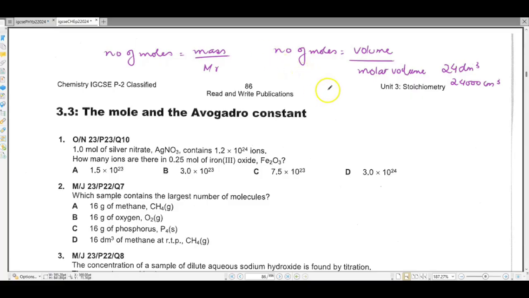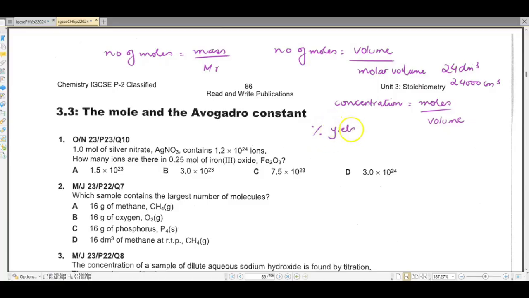The third formula that you need to know is that of concentration. Concentration is equal to moles over volume. So this you should be aware of. And one formula that's not very frequent is percentage yield.